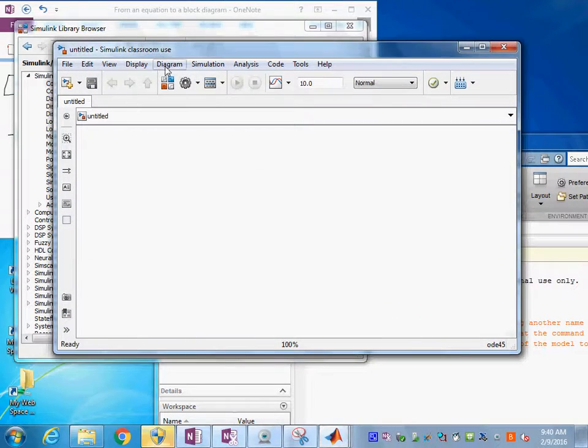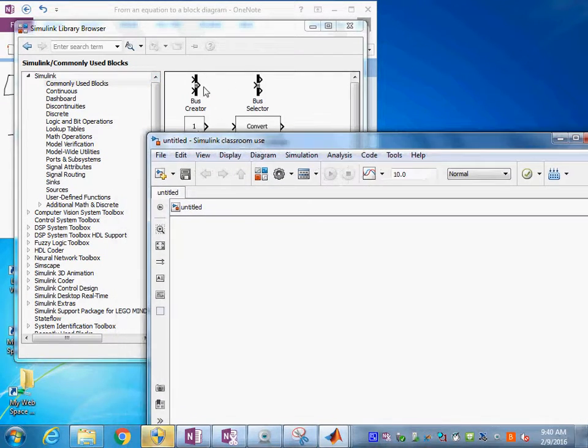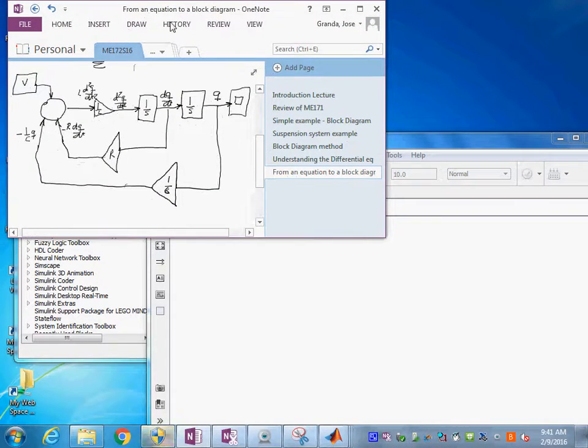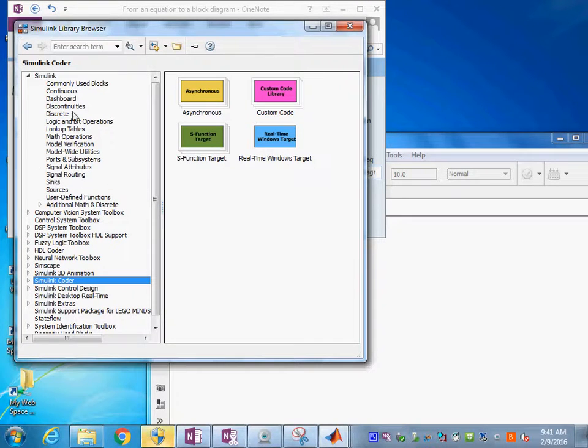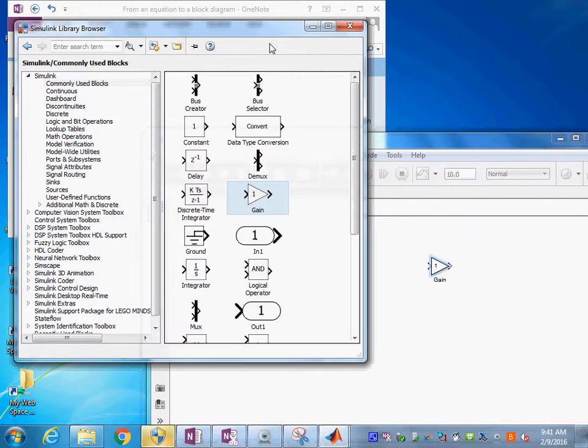model here. And then we have a summation point, which I haven't seen yet. The scope we do need, and the summation point is right over here. I think that's about it. So let me put this. I like to have this on the picture on the background in there. So as you can see, we could build it from this block diagrams.